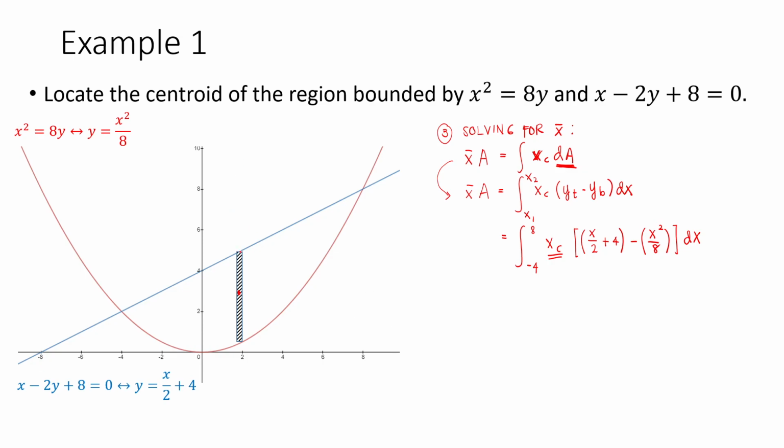So for example, this is our differential area, and going towards the centroid of this differential area, let's say it's at the center because this one is a rectangular strip, going towards the center or the centroid of the differential area, that is x sub c. So how are we going to make it in terms of x?